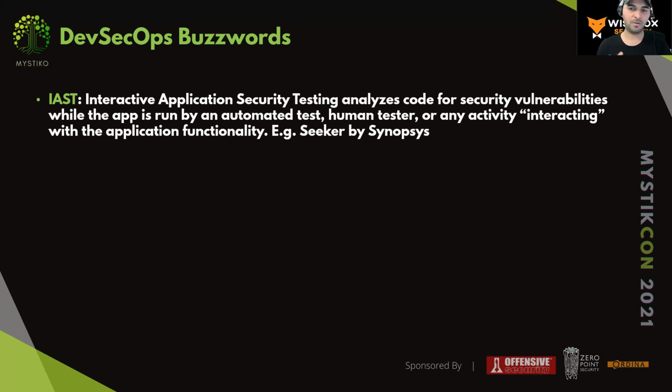What they try to achieve with IAST is that your application will run in a dynamic mode, and the agents running on your web application server would look at which code is actually being executed at a given time, or when a user is interacting with a particular window, or when a particular function is being performed. So this is what IAST testing does.